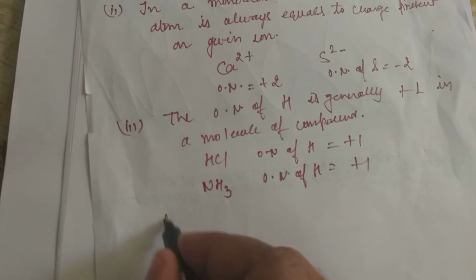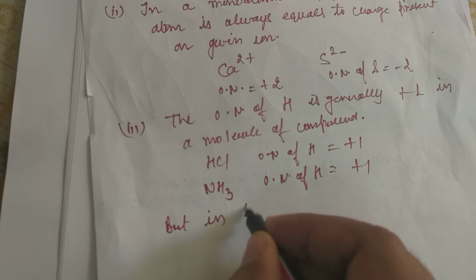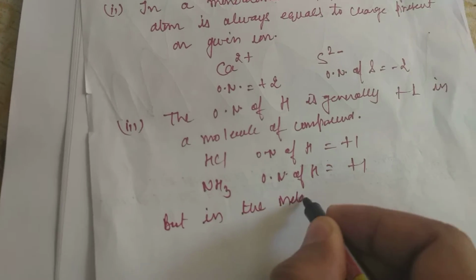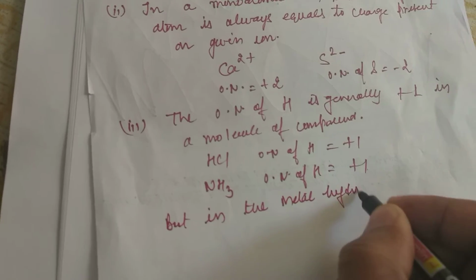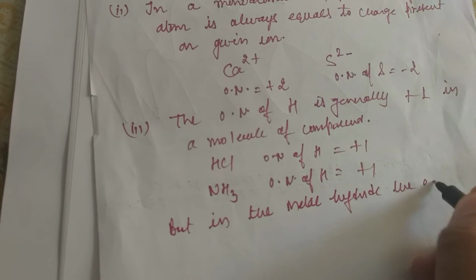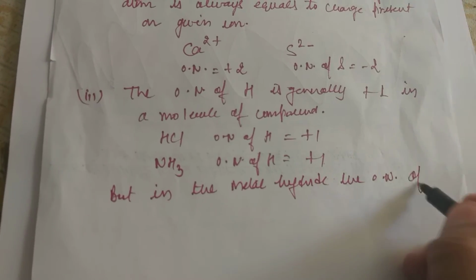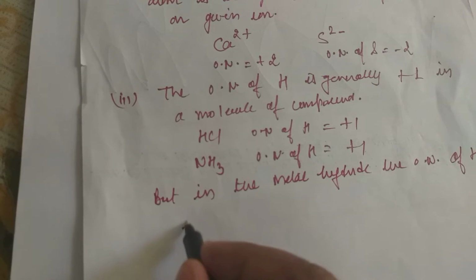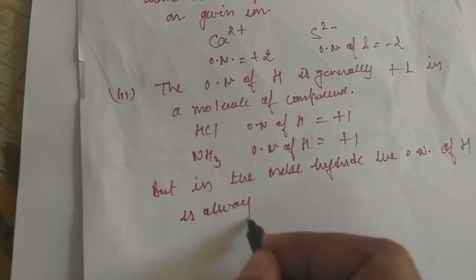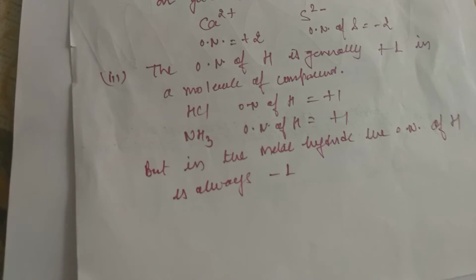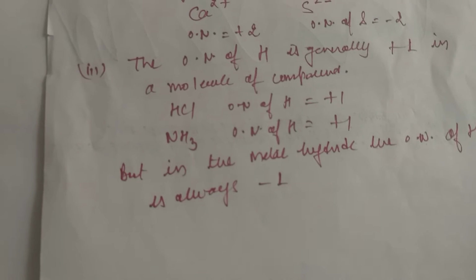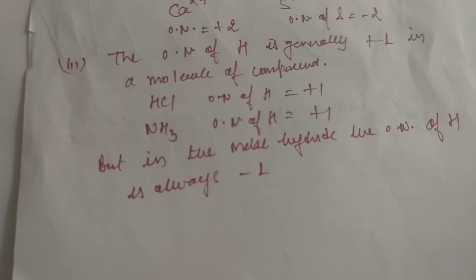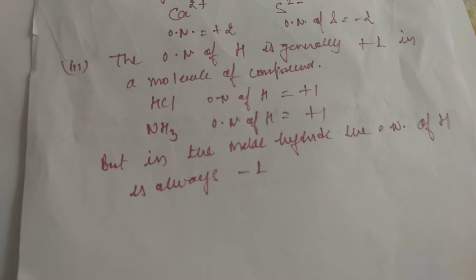But in metal hydride, the oxidation number of hydrogen is always -1, because in the metal hydride the hydrogen is more electronegative as compared to metal.